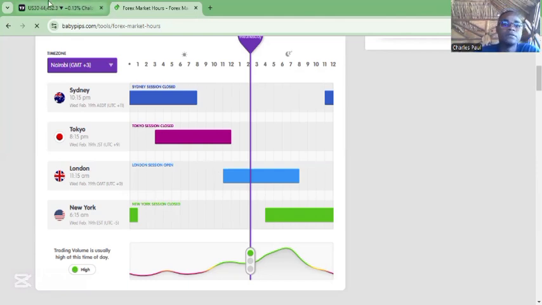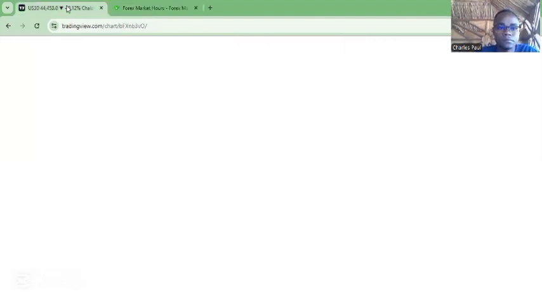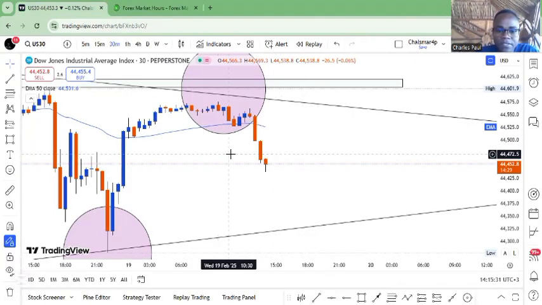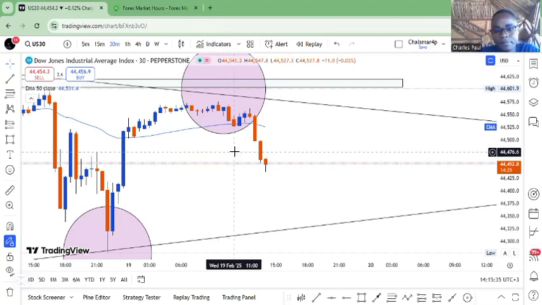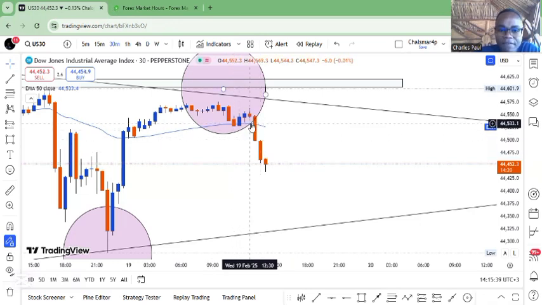Right? Now let me show you that time here. London Open here. But I didn't execute the trade here; I waited, I saw this zone, till this confluence over here. So I executed the trade at this 12:30 p.m.